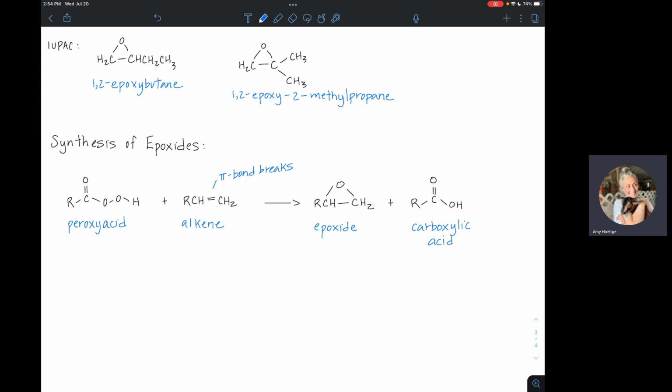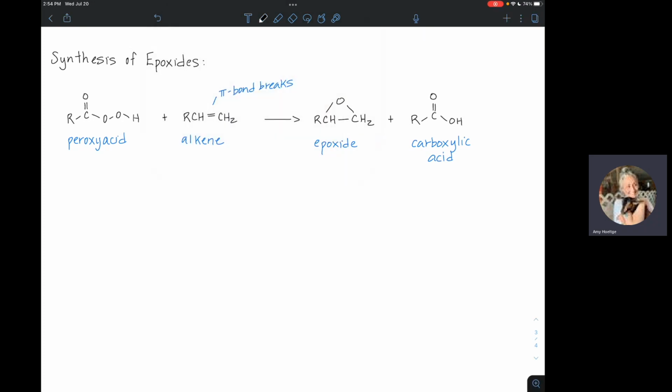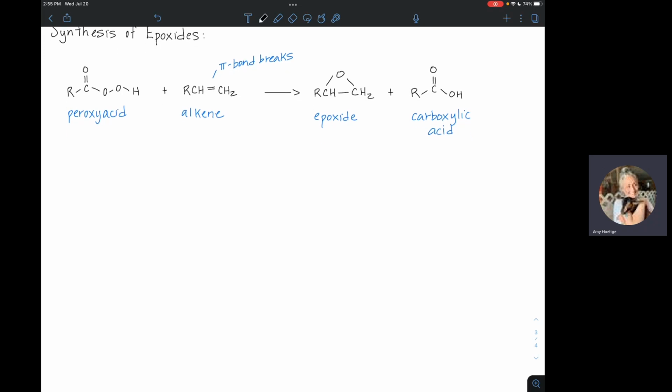So we can react these just like we can any other ether. These are going to be more reactive, right, because of the ring strain. So there's 2 ways under which these can undergo substitution reactions with hydrogen halides. So just like you would any other ether, we're going to use HBr or HI or whatever.